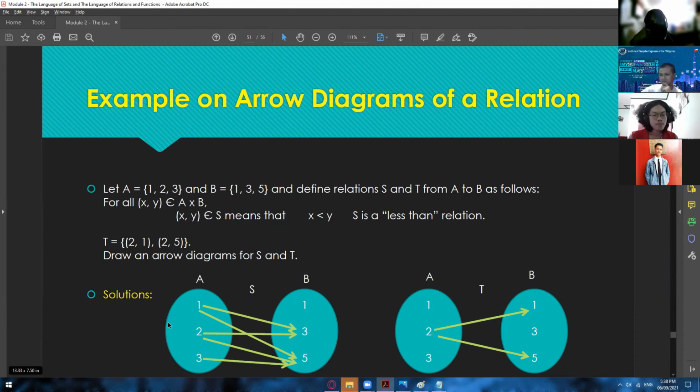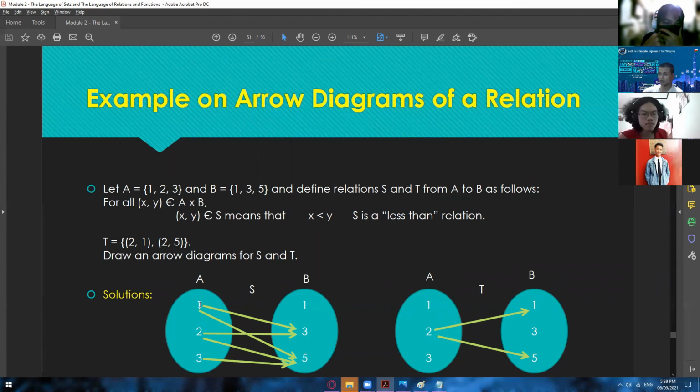Or still analyzing? As long as it meets the condition where X is less than Y, then you can draw that specific element to this specific element.